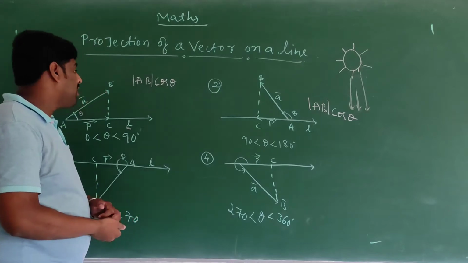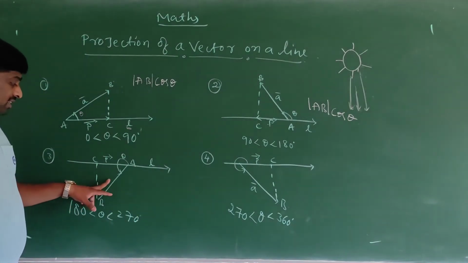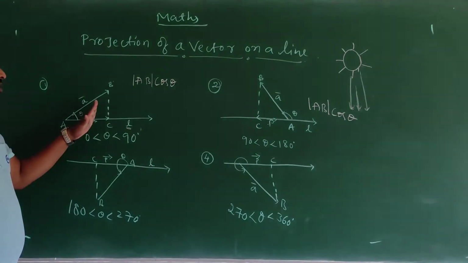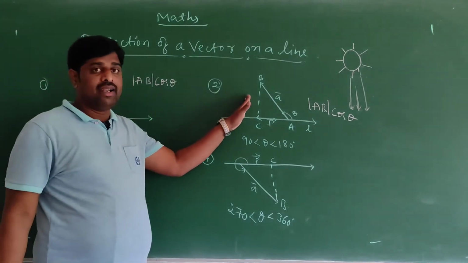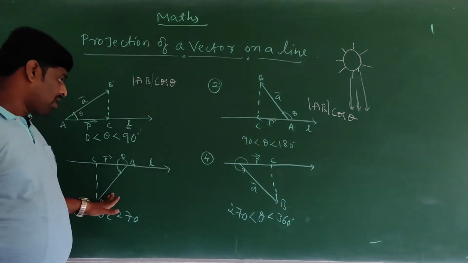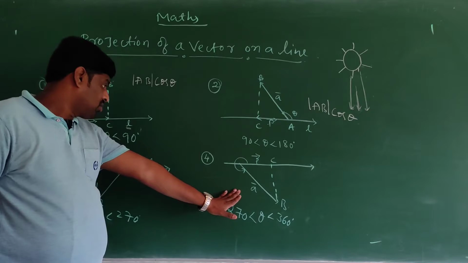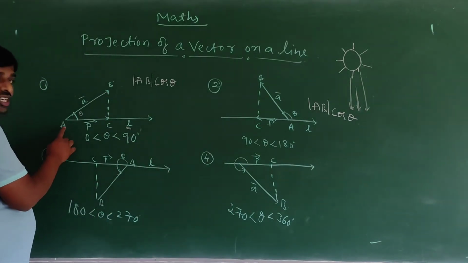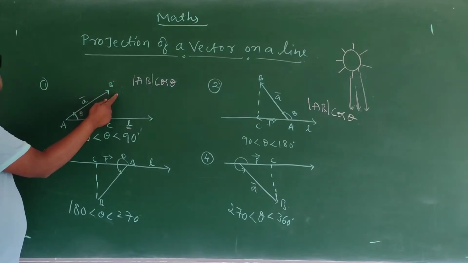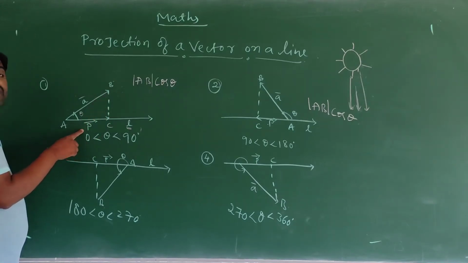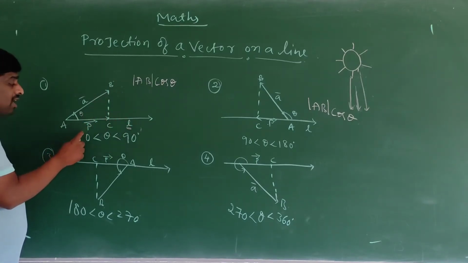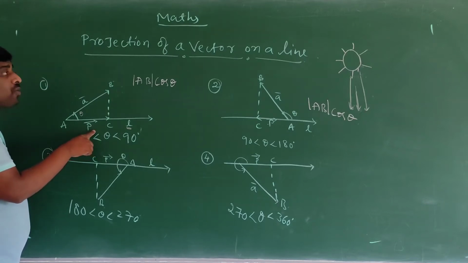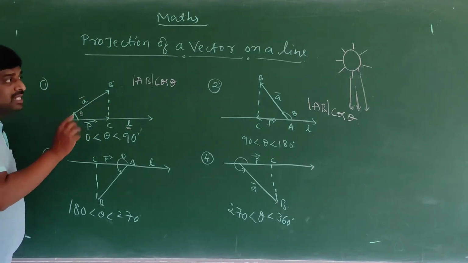Here this is a negative angle, this is the first quadrant, here the second quadrant, here the third quadrant, and here also the same quadrant. The projection of AB bar on L is P bar. Here P bar is called the projection of a vector.